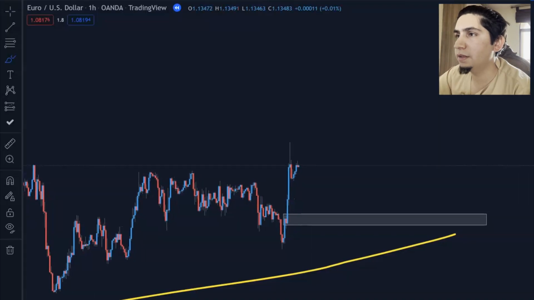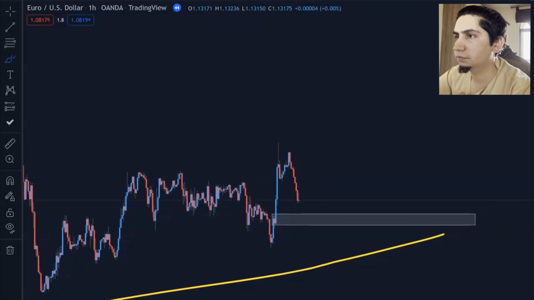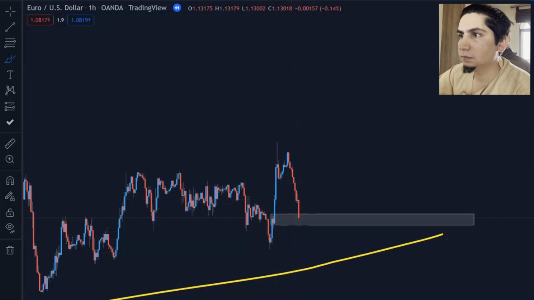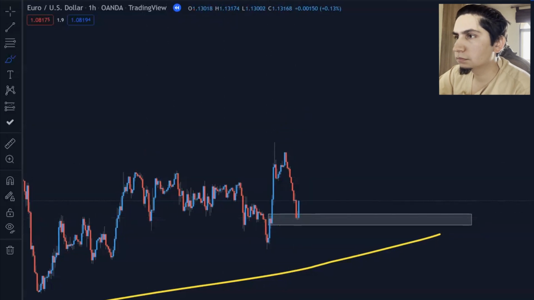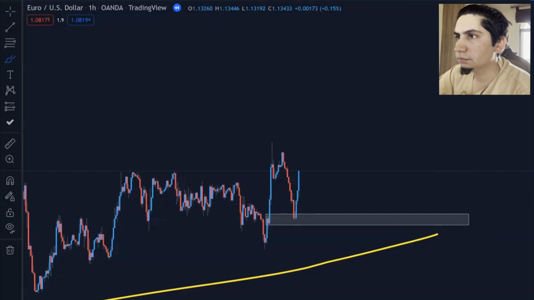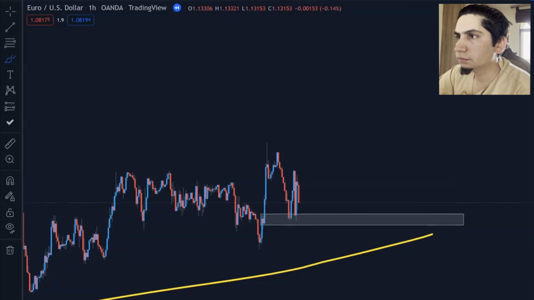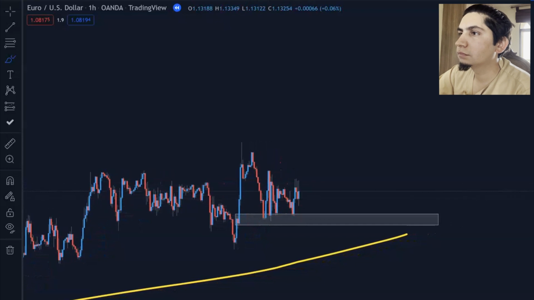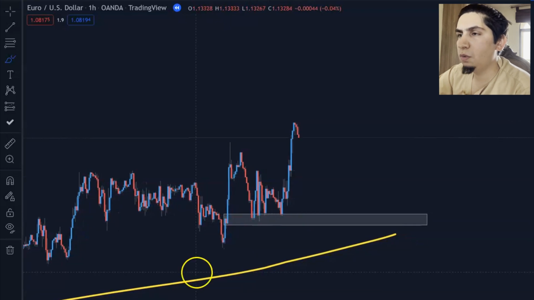So we wait for price to come. All right, so price came to this area, and usually what you would do, you would go into a smaller time frame and essentially look for something like this. Structure, break to the upside, okay? So what happened here?